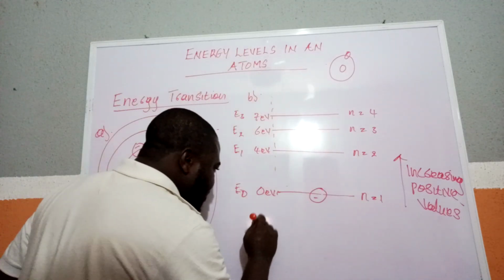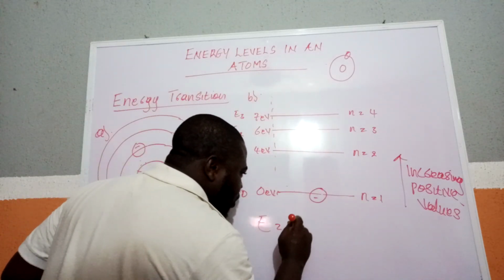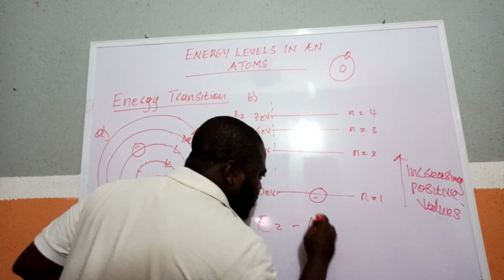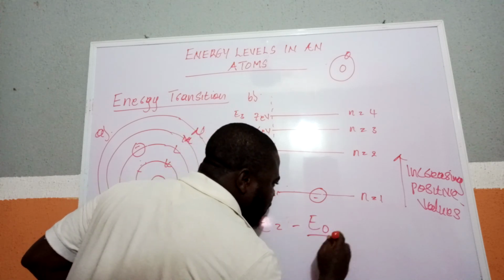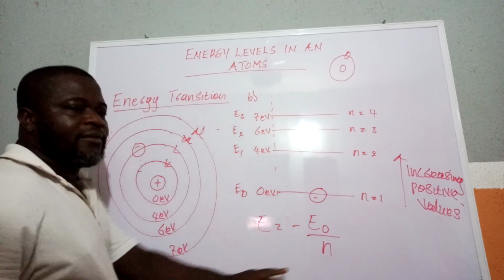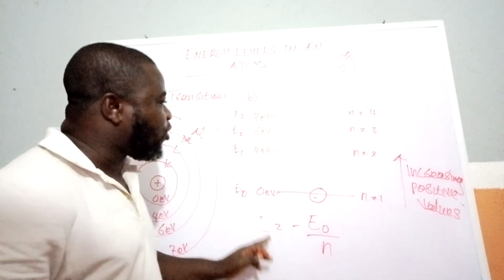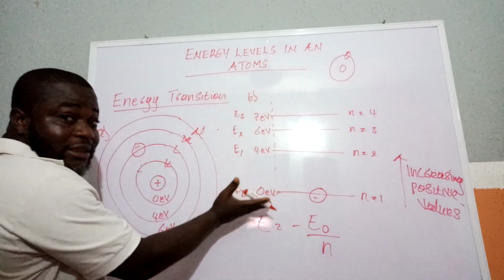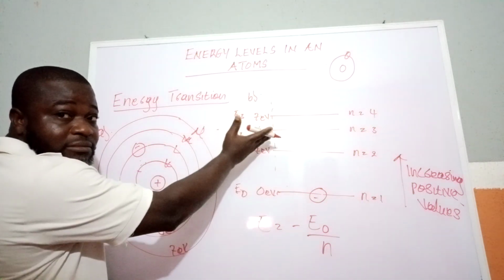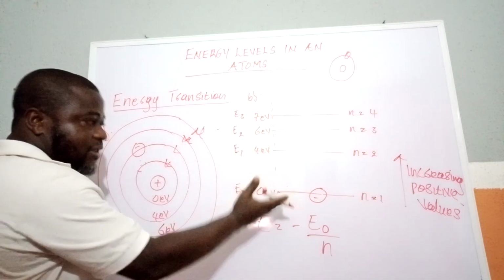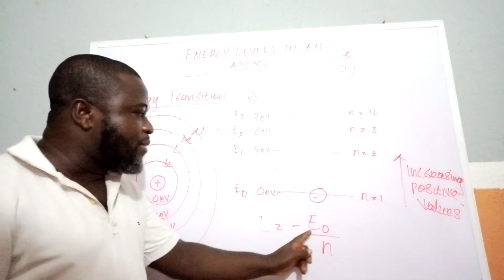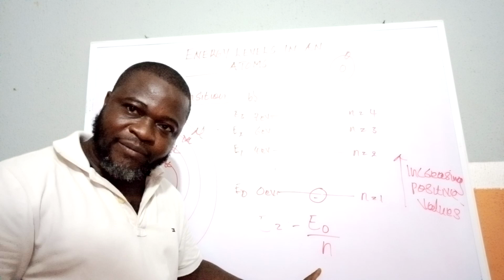You can have E equal to, no, let me use minus, E equal to minus E naught over n. That is, if I want to calculate the energy at this level, I just use the energy in electron volts I have interest in. But if I want to calculate the real energy state here, E will now be E naught over n.